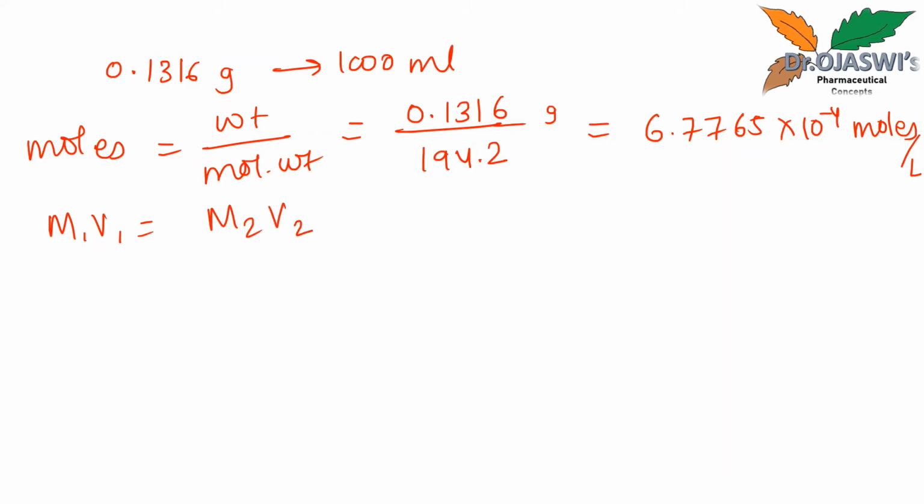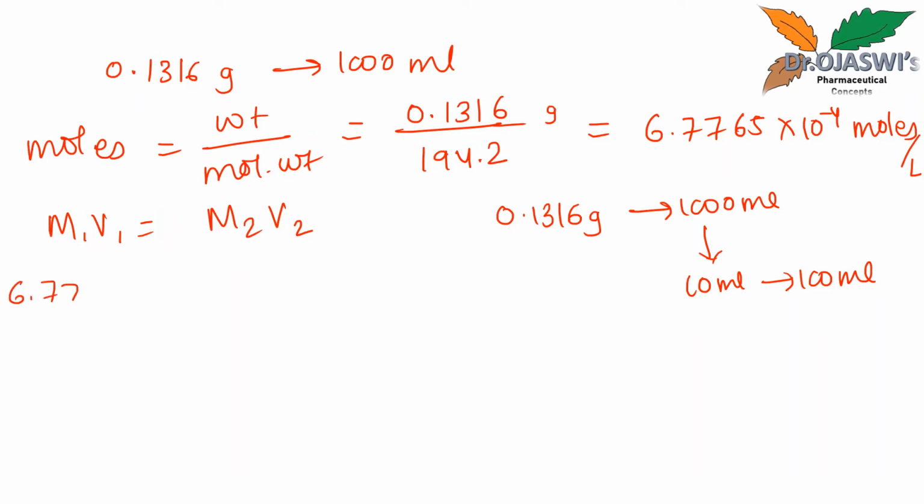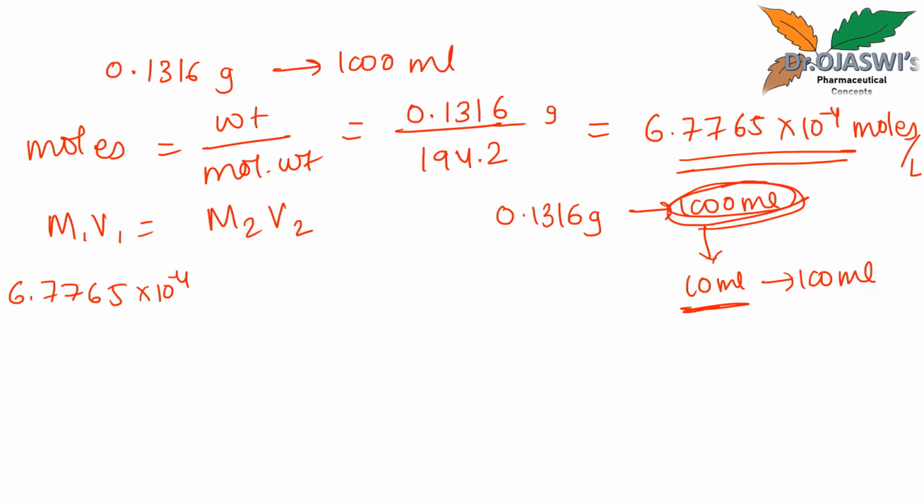So quickly I will write here the dilution. Now let us see. 6.7765 into 10 raised to minus 4 moles is the concentration of this solution. From this solution I am withdrawing 10 ml.